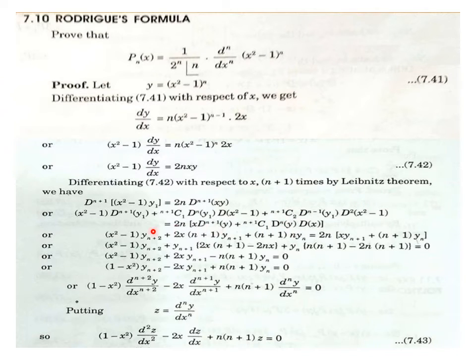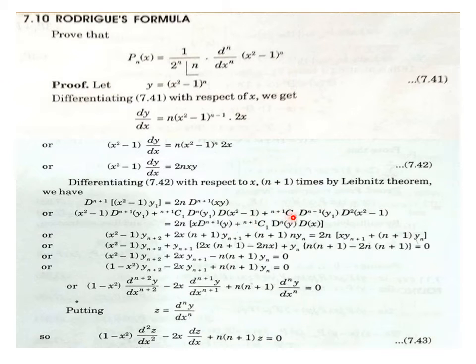Now we are writing all those terms with simple symbols, like x square minus 1 as the same, then d n plus 1 of y1, where n plus 1 is added in the subscript of y, just for simplicity, nothing else. So it's becoming y1 plus n plus 1, meaning y n plus 2, plus, what about that term, n plus 1 c1 means simply n plus 1, then d n y1, add that subscript, that will become y n plus 1, as you can see there, it's y n plus 1 into d of x square minus 1, which is 2x.